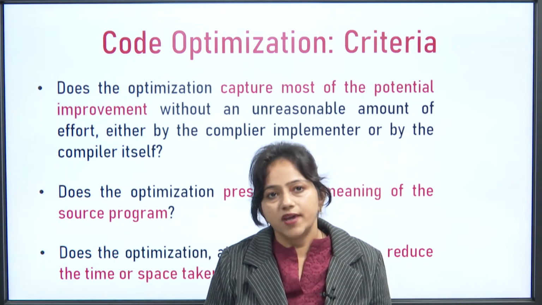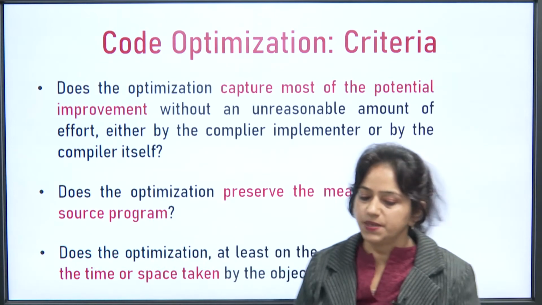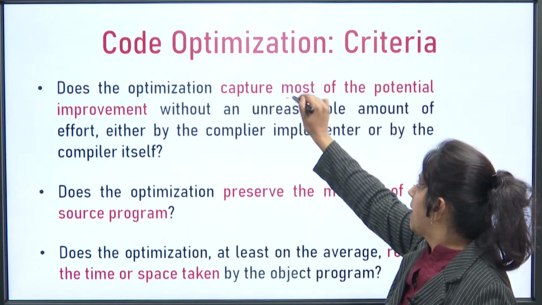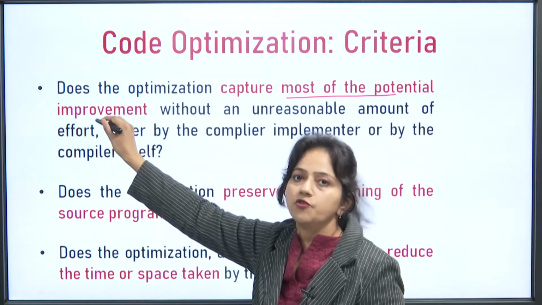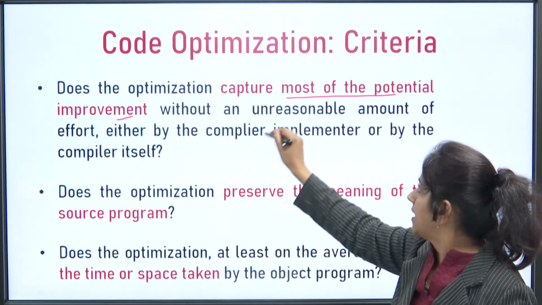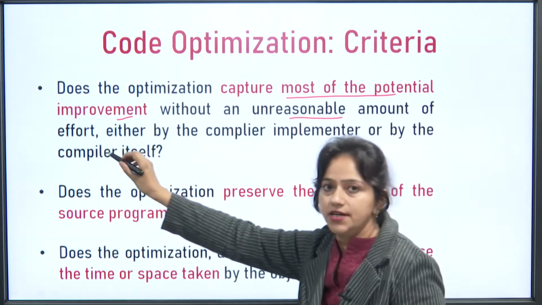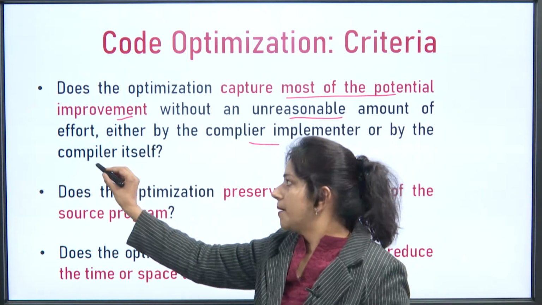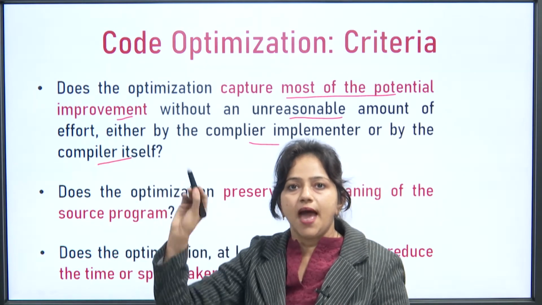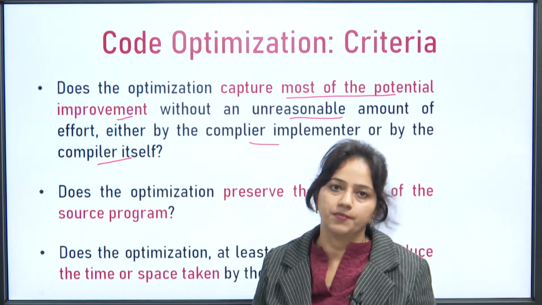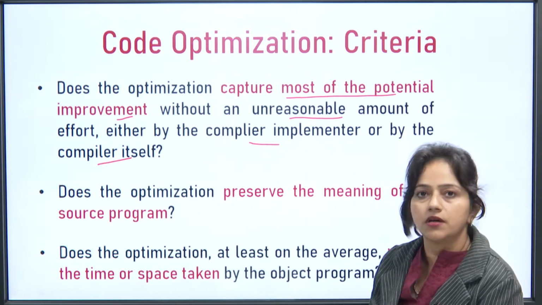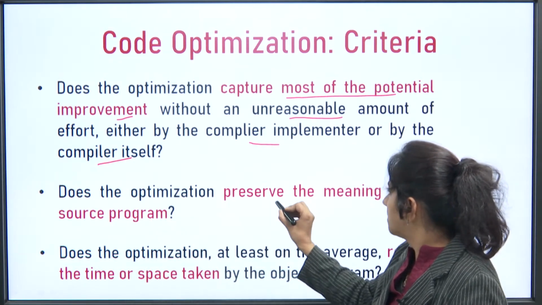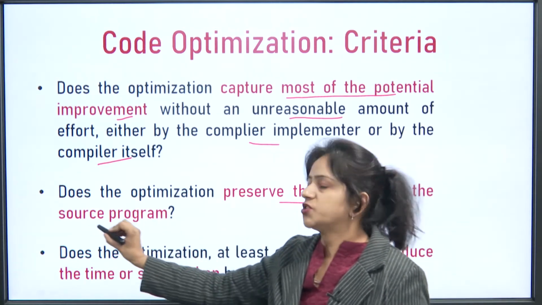Now, there are three criteria for optimization. First, does the optimization capture most of the potential improvements without an unreasonable amount of effort, either by the compiler implementer or by the compiler itself? Second, does the optimization preserve the meaning of the source program?